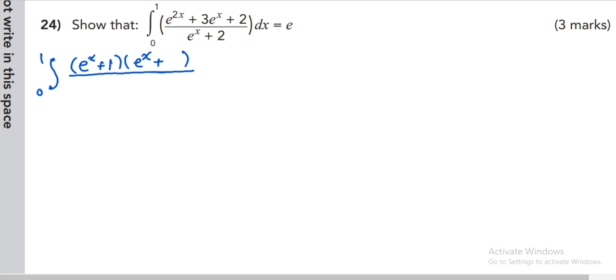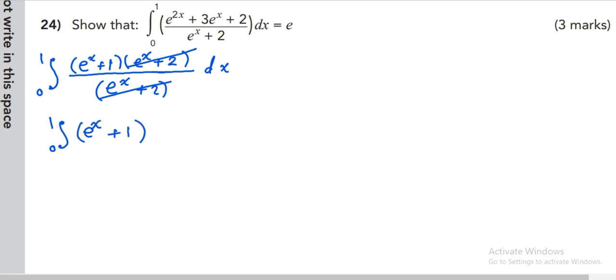It's 1 and 2, divided by e to the power of x plus 2 dx. Here we can see that we have two equal parts, so we can cancel them, so we get integration in this form from 0 to 1 for the expression e to the power of x plus 1.